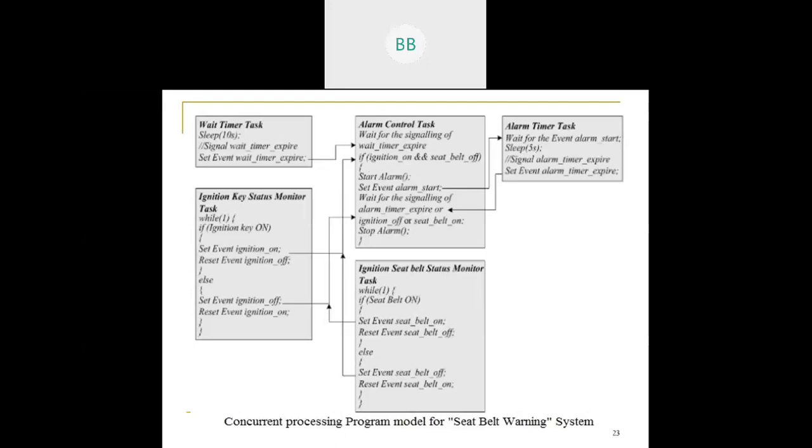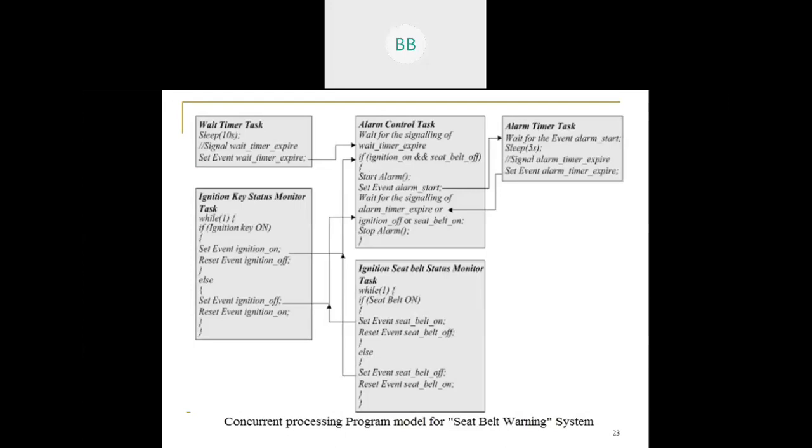The alarm control task waits for signaling of the event wait timer expires and starts the alarm timer and the alarm if both the events ignition on and seat belt off are in the set state. If not, the alarm control task simply completes its execution and returns.